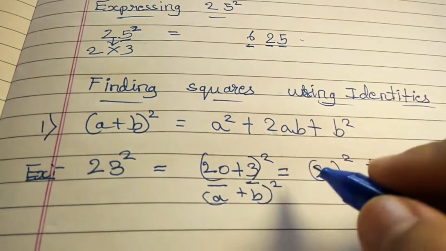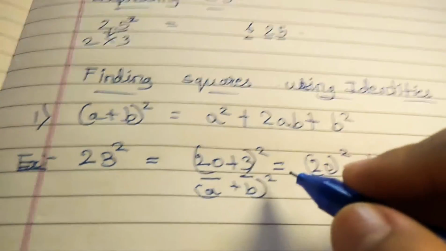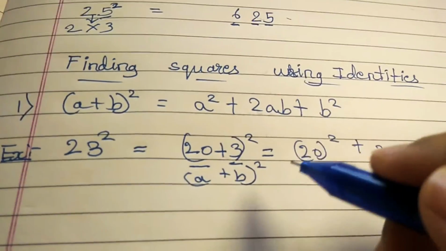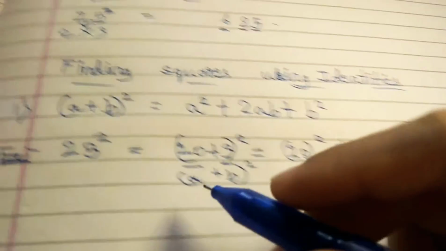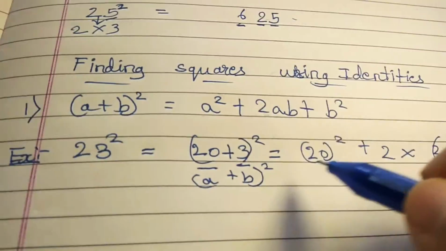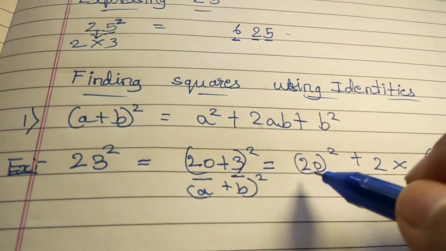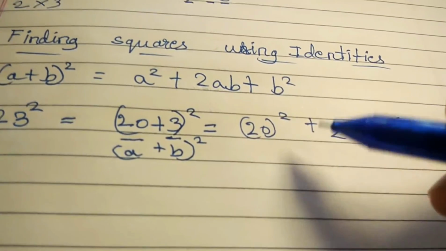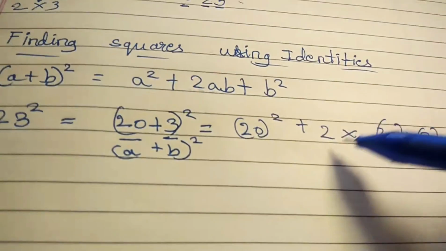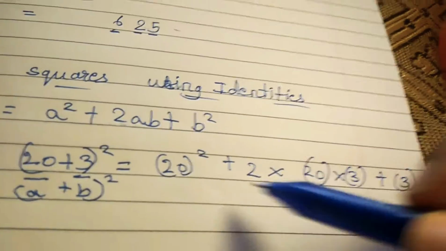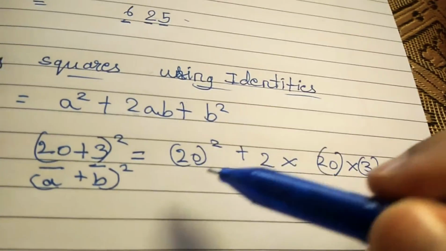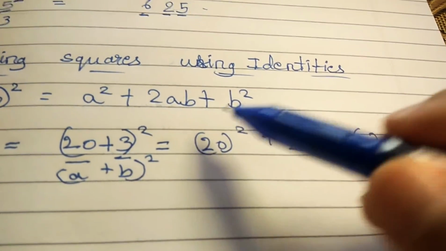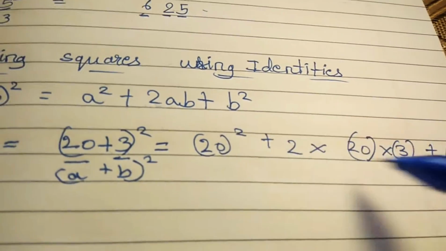So 20 plus 3 whole square is equal to a square, and a square here is 20 square. So a is 20, and you should make it a square. Plus, then 2ab. ab is nothing but a multiplied by b.